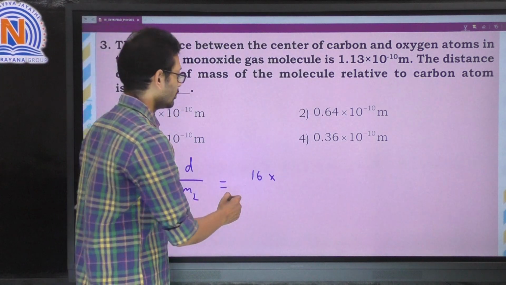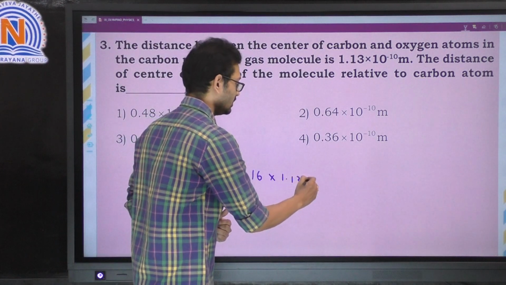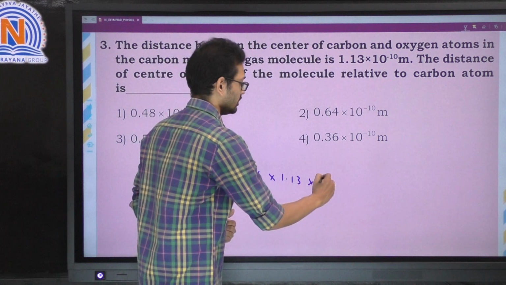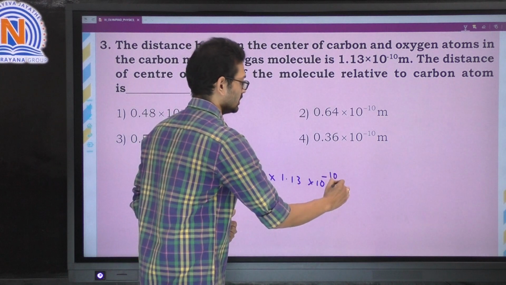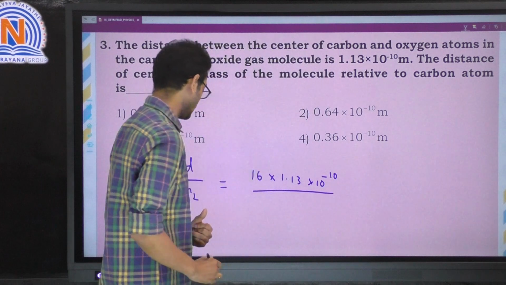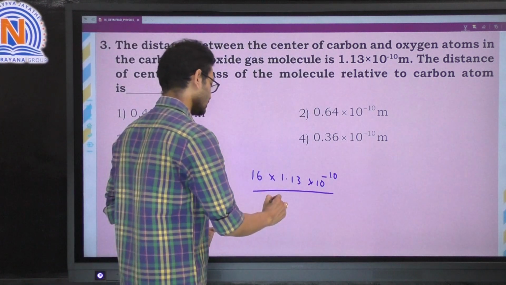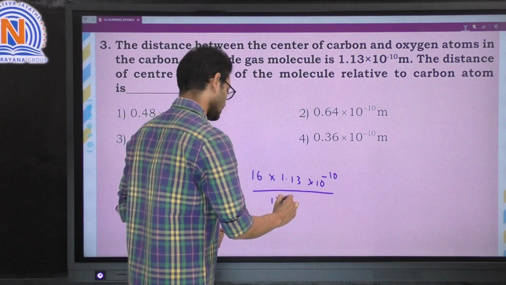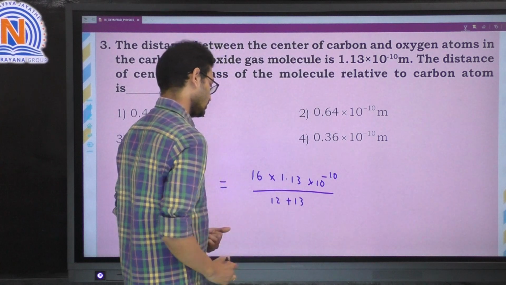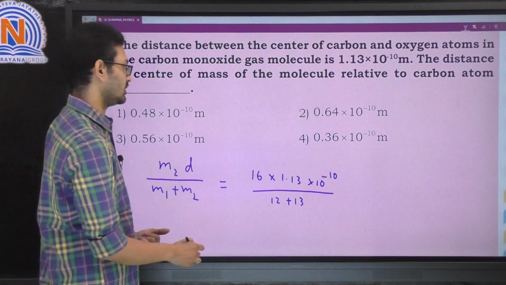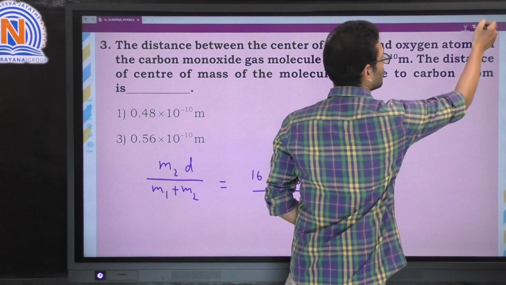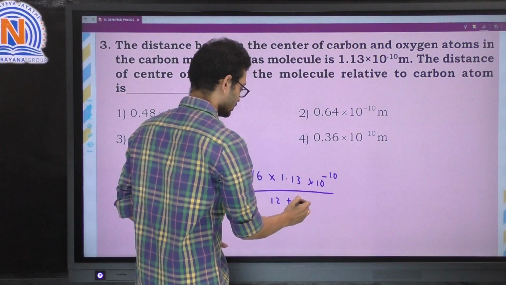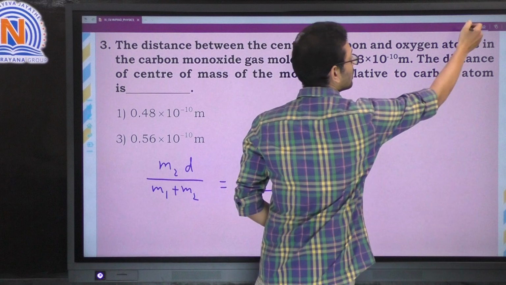1.13 into 10 power minus 10 by m1 plus m2, which is 12 plus 16, because oxygen is 16, right?